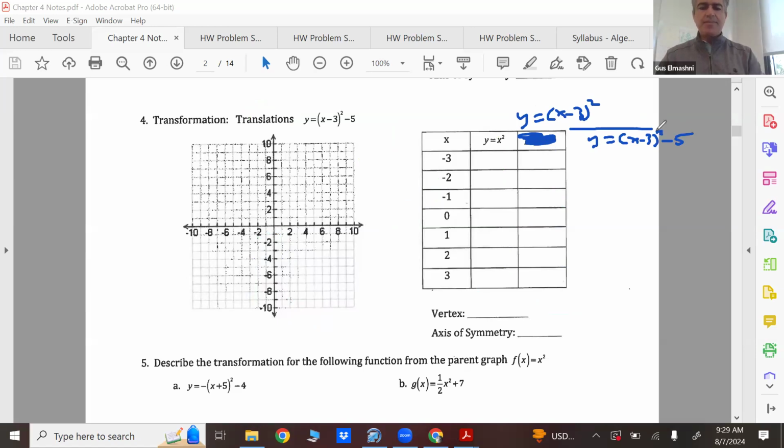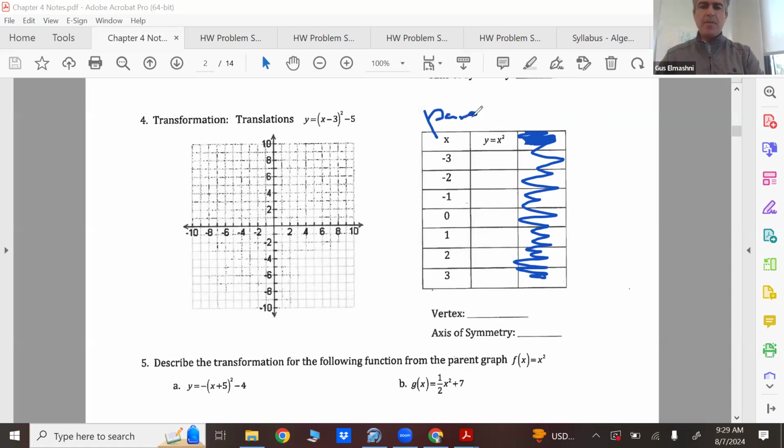Actually, hold on a sec. Let's back up a little bit here. Let's just get rid of this entire column. We'll call this y equals, we'll call this the parent, and then the transformed.